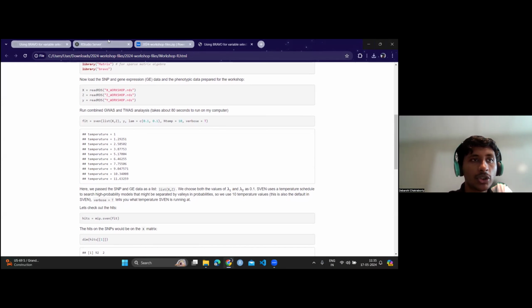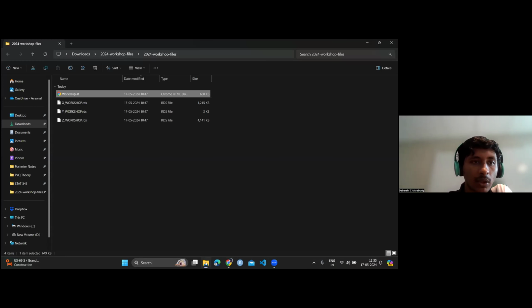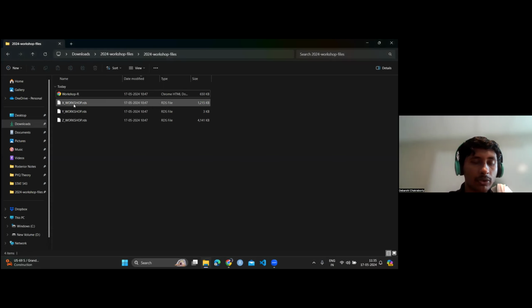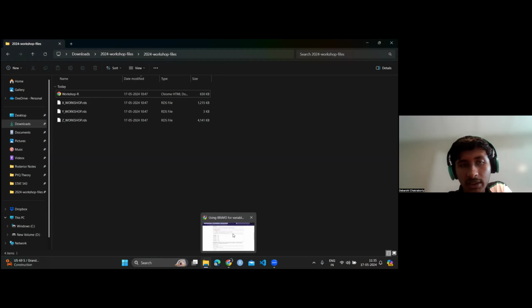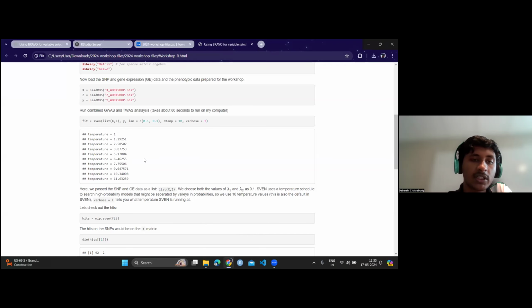And you should have 3 more files, X, Y, and Z. So basically, if you look at the function SVEN, as data you have to give 3 inputs, that is the response vector Y, the matrix containing the gene expressions, that's Z, and the matrix containing the SNPs, that is X.